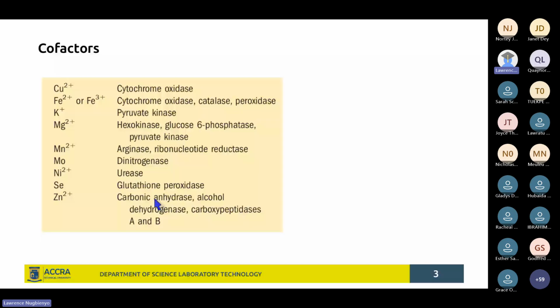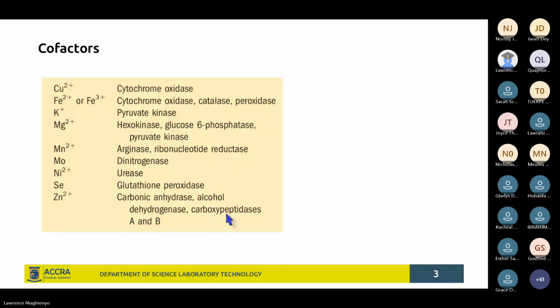I think when we were talking about mechanisms last semester, when we were looking at proteins, we saw a bit of the functions of proteins. I think we did talk about this, but even if we didn't, you can read a little bit about what carbonic anhydrase is, and you will understand it. Alcohol dehydrogenase. I think in this lecture we'll see an example of a reaction that alcohol dehydrogenase is involved in.